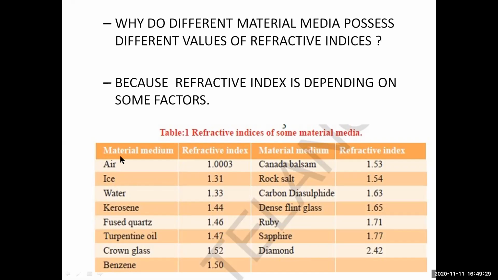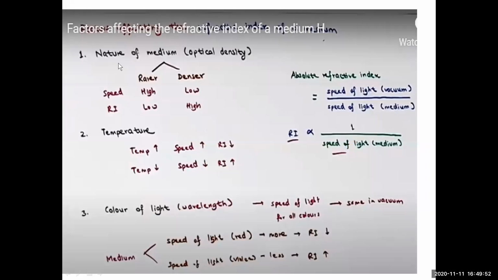These are all the materials given here, with their refractive indices: for air 1.003, for ice 1.31, for water 1.33, kerosene 1.44. So different material media possess different values of refractive index. On what factors do they depend? Let us discuss. Factors affecting the refractive index of the medium.